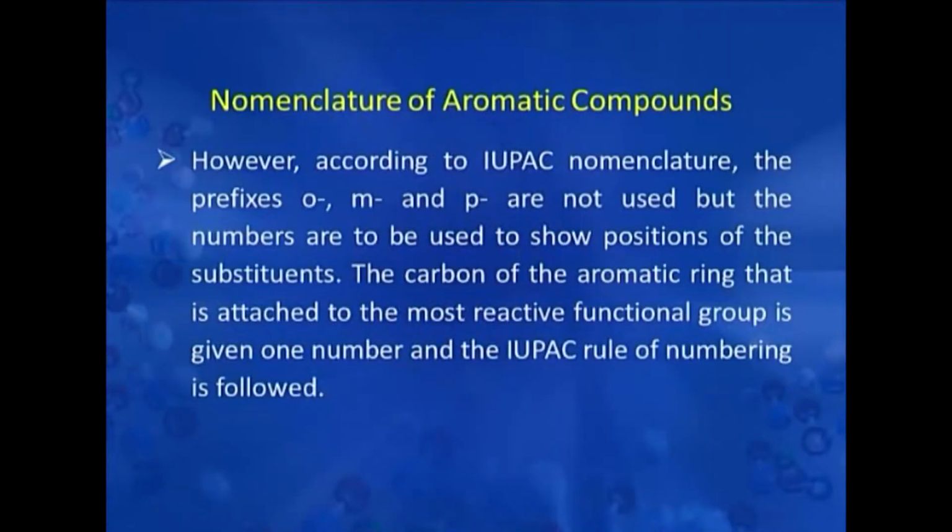According to IUPAC nomenclature, these prefixes ortho, meta, para are not used, but we use numbers, and we show the position of the substitution by the number. The carbon of the aromatic ring that is attached to the most reactive functional group is given the number one, and the IUPAC rule of numbering is followed.